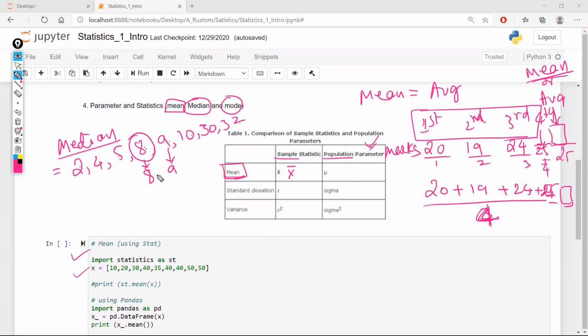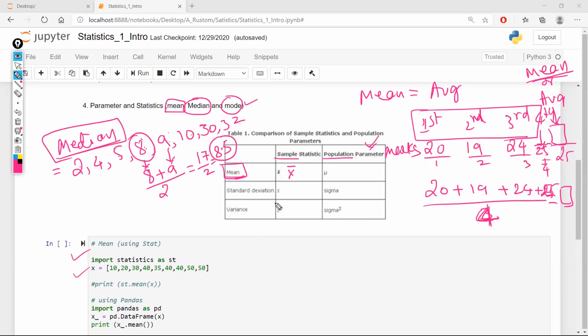It will take these two, add them, and divide by 2. So 8 plus 9 is 17, divided by 2, and it is going to be 8.5. 8.5 is basically the median. So that's how the median will be calculated.